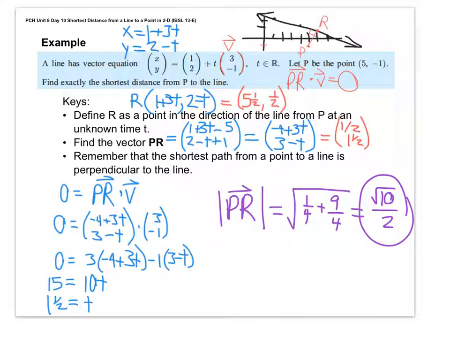So this way, all we have to do is find the vector. We don't need to find the equation of another line or anything like that. So this actually is a pretty efficient way of finding what we're looking for.